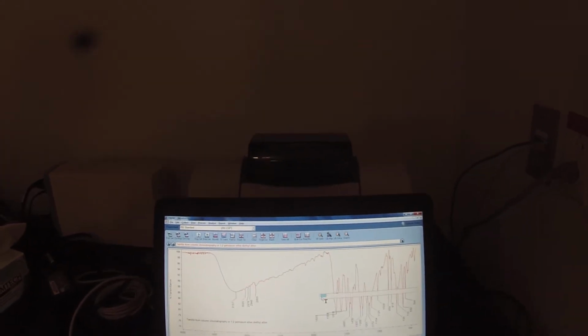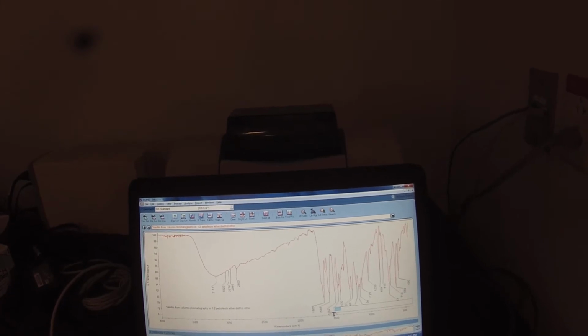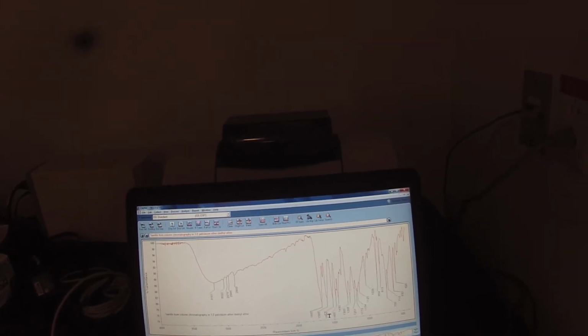Let's try this. These peaks so we can tell them apart. We expect 1500 and 1600 because we expect a benzene ring breathing.